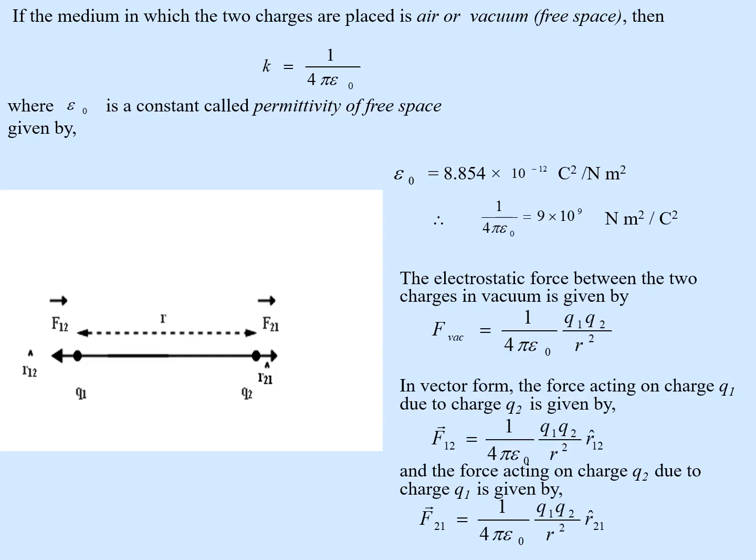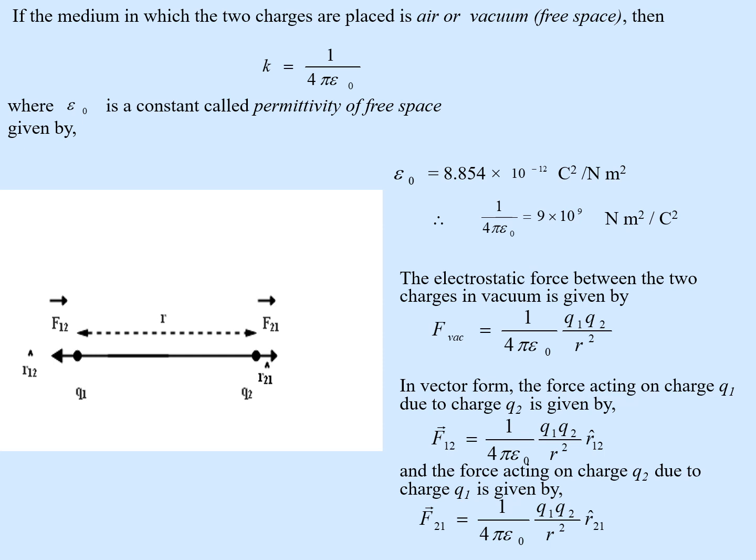If the medium in which the two point charges are placed is air or vacuum, then the constant of proportionality is given by 1 by 4 pi epsilon naught, where epsilon naught is a constant called permittivity of free space, and its value is 8.854 into 10 to the power minus 12 Coulomb square per Newton meter square.